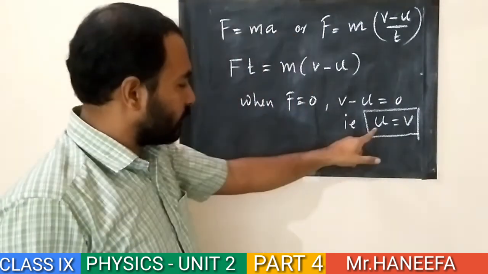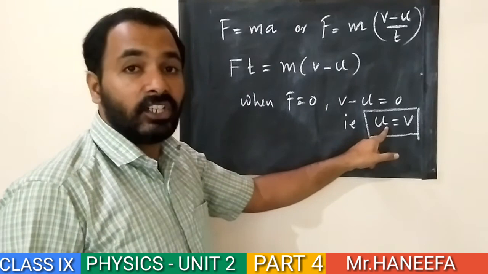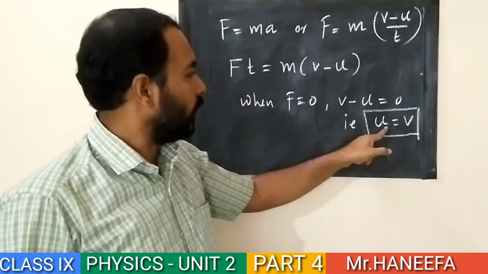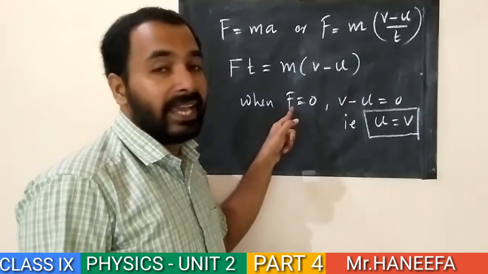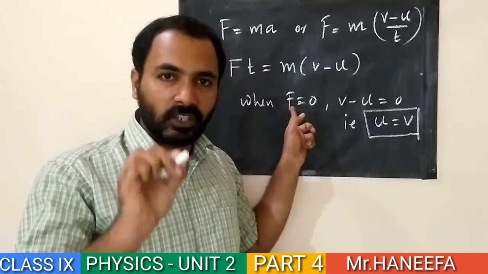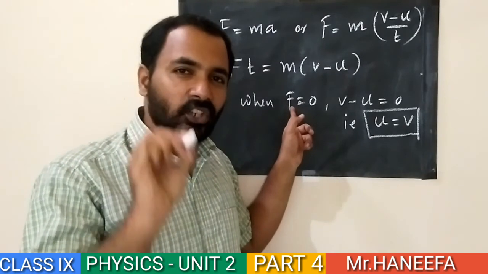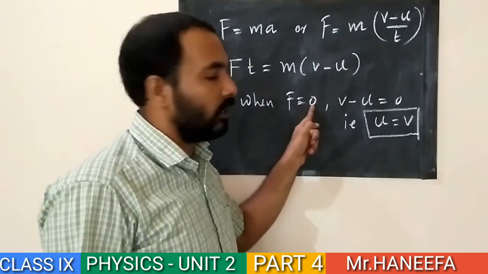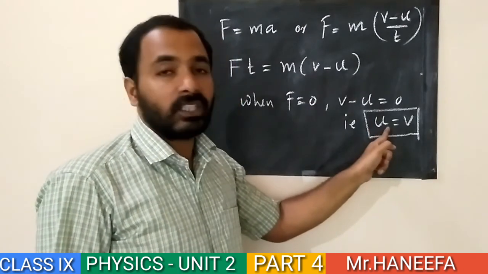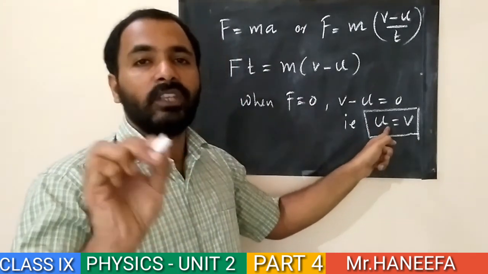So we can explain that an object continues in uniform motion if the applied external force is 0. If there is no applied external force, an object continues in uniform motion.